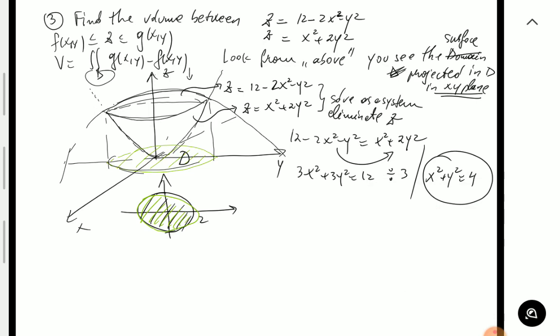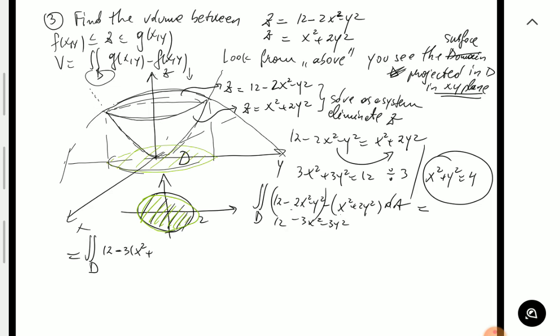So it's going to be the double integral over the common domain, top surface 12 minus 2x squared minus y squared, minus bottom surface x squared plus 2y squared, dA. That's the double integral in Cartesian coordinates that I need to solve. Simplify this a little bit. That's minus 3x squared minus 3y squared. If we pull out the 3, which further emphasizes the appropriateness of the polar coordinates, the stuff to integrate is 12 minus 3 quantity x squared plus y squared, dA.